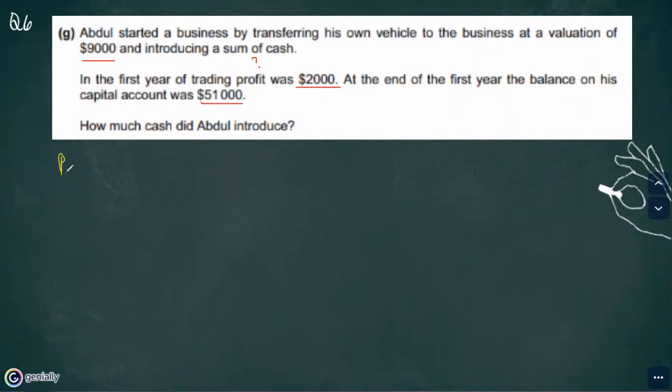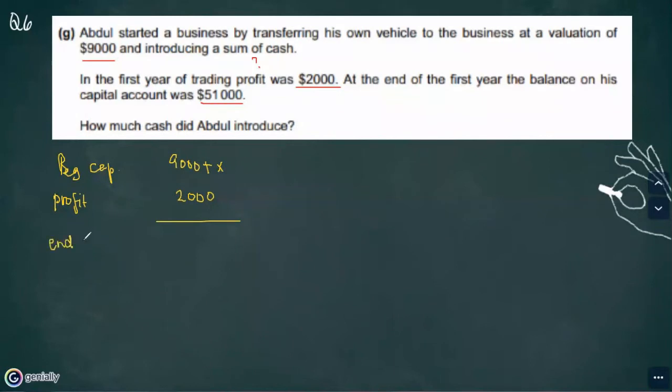So let's start with this. Beginning capital was 9,000 plus X, we don't know. And then we have profit of 2,000, right? There was no mention of drawing, so there's no drawing.